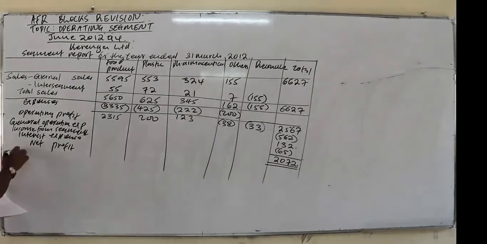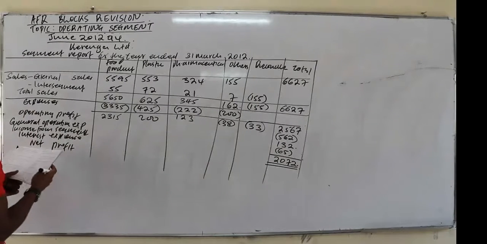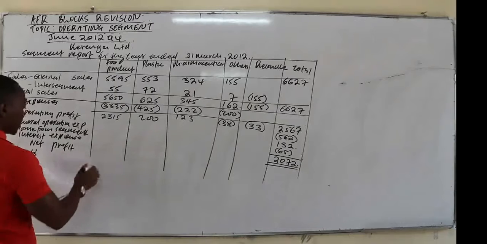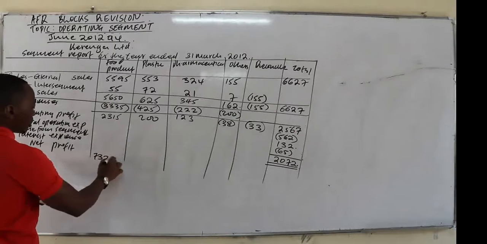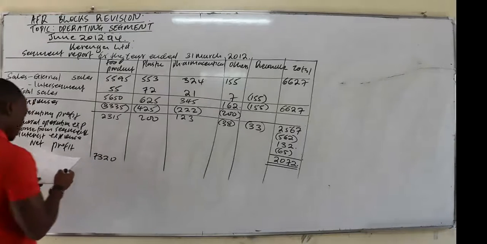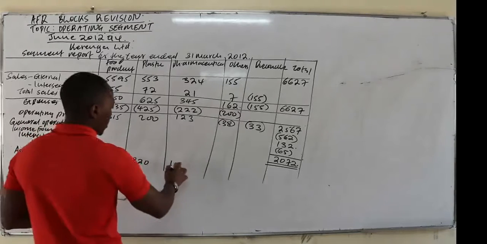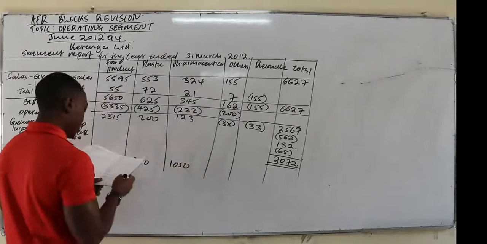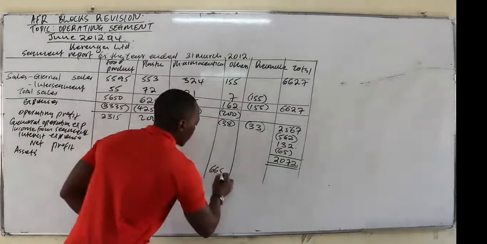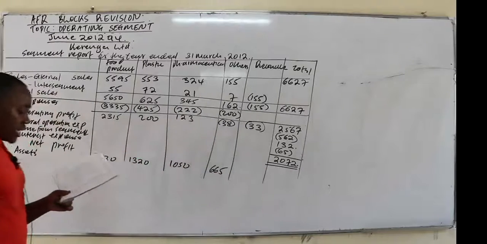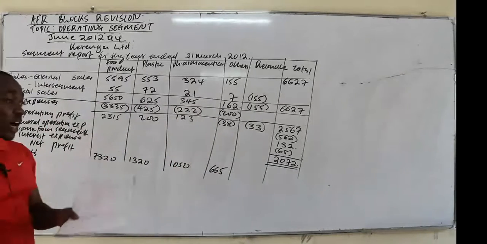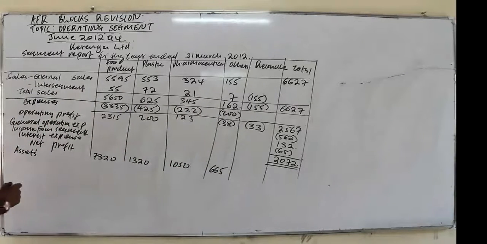Then we go to the assets. You are given identifiable asset for food product was 7320. Then 1320, 1050, 665. Then below it, we have general assets. Now, the general asset is the same as what we call the unallocated assets.